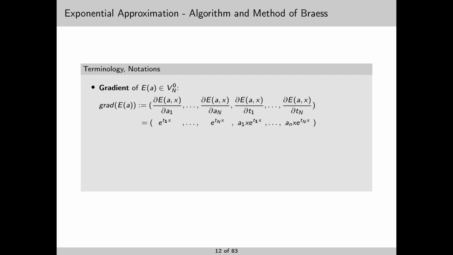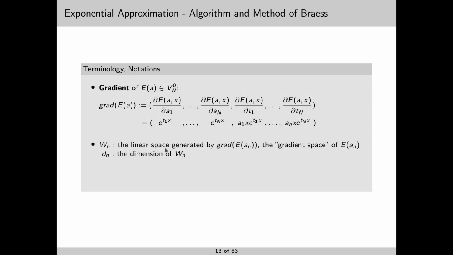This is the gradient of exponential sum e of a. It consists of the partial derivatives of e of a with respect to all coefficients a_i and t_i. W_n denotes the linear space generated by the components of the gradient of e of a^n, and d_n is the dimension of this linear space.